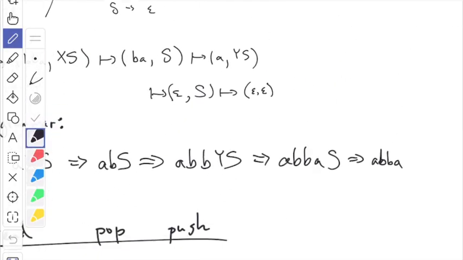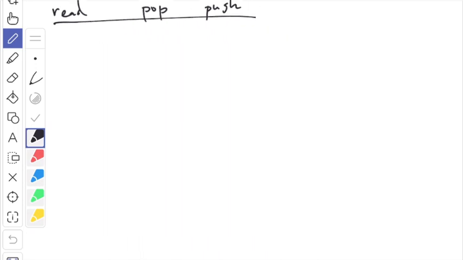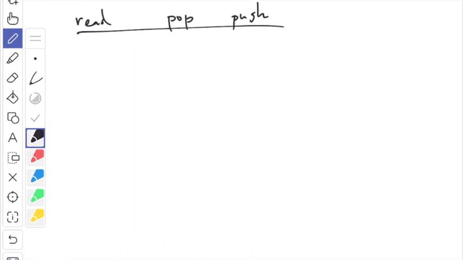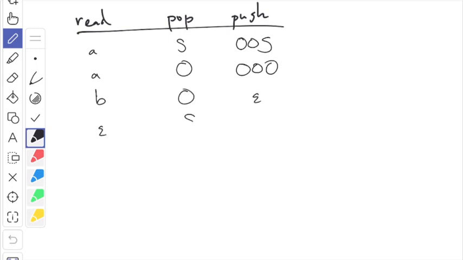Anyway, okay, here's one I would like you to convert into a grammar. So it says read A, pop S, push. I'm using zeros on the stack. Can you handle it? Yes. Read B, pop 0, push epsilon, and then I have epsilon, S, epsilon.